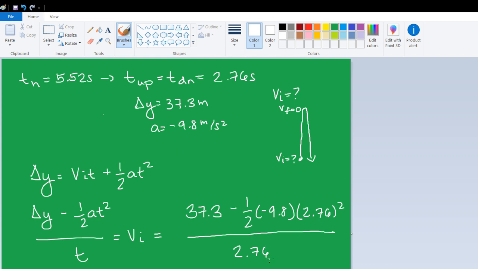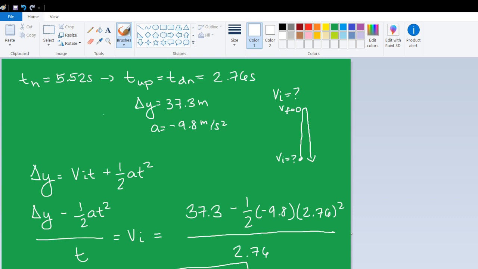So that's 37.3 minus 1/2 times negative 9.8 times 2.76 squared all over 2.76 gives me a value of 27.0 meters per second. So the VI of this one would then be 27.0 meters per second. It's pretty high. Arrows shoot through the bow of Minecraft pretty high.